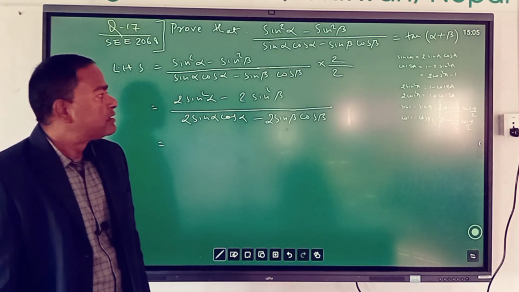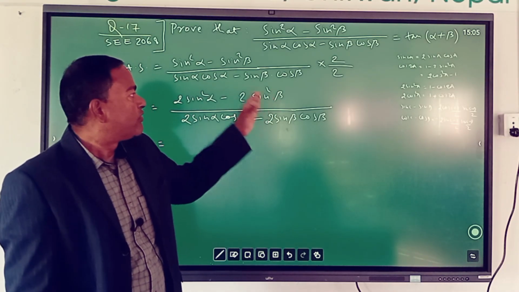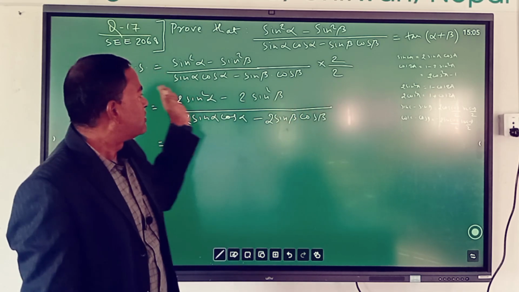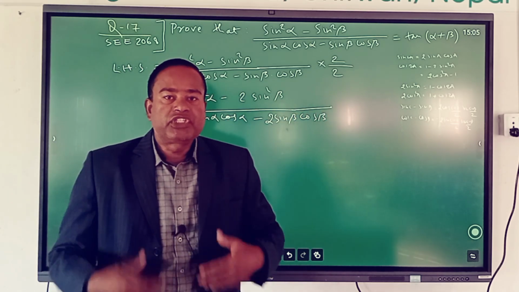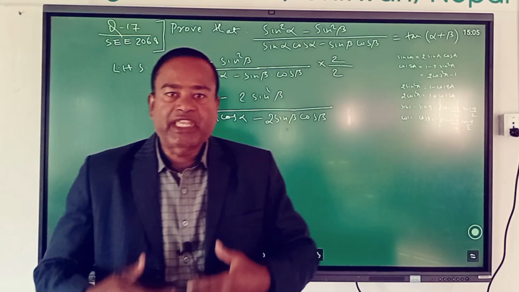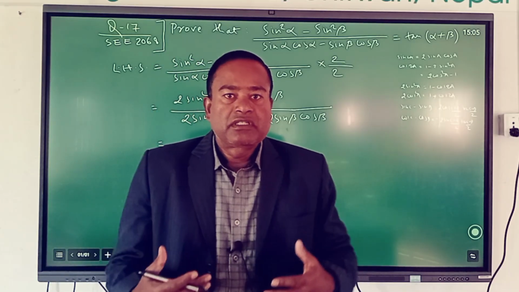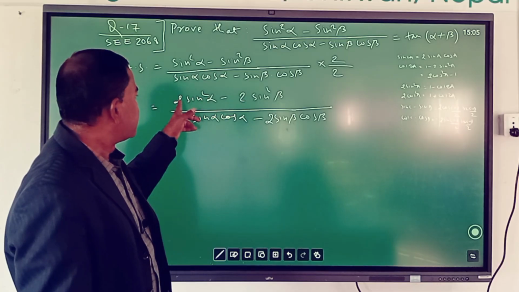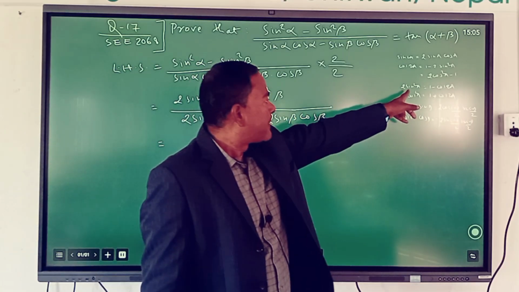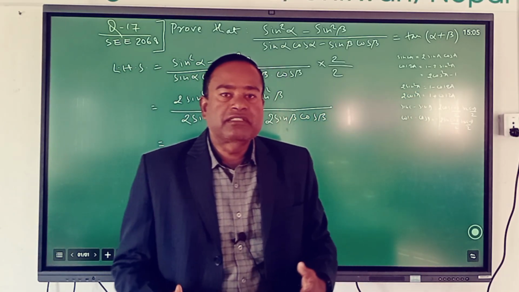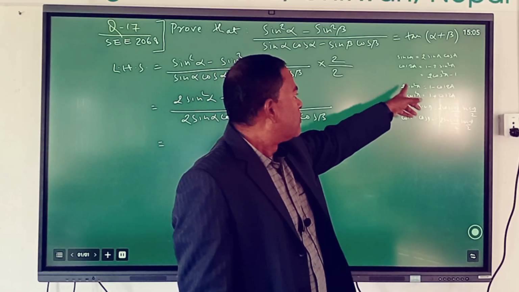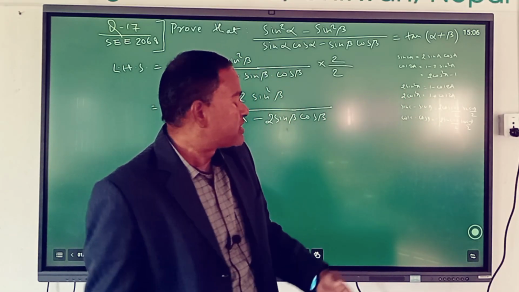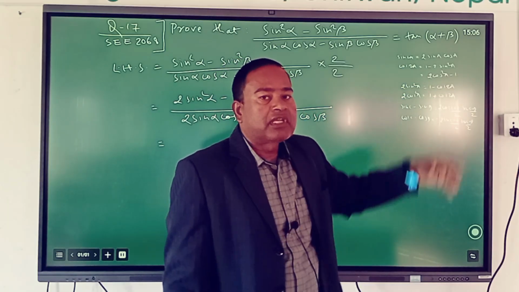Dear students, in the first step we have multiplied each term of the numerator by 2 and each term of the denominator by 2, so that we can use the formulas of multiple angles of trigonometric ratios. Already we have discussed that we can derive the formulas of 2 sin²A and 2 cos²A from the formula of cos 2A.